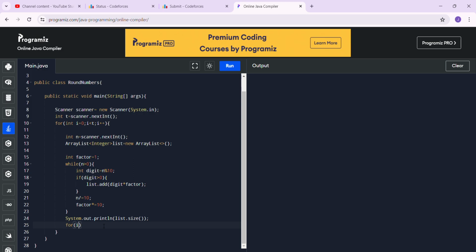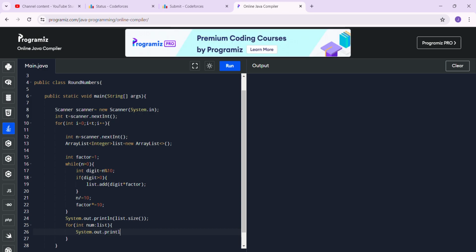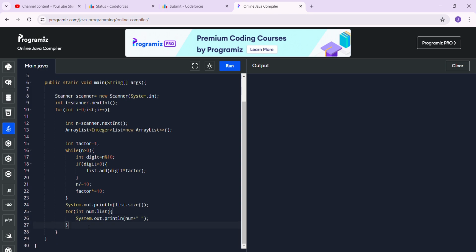So for printing those round numbers, we will iterate through our list and print them: num plus space, and we will do it on the next line.